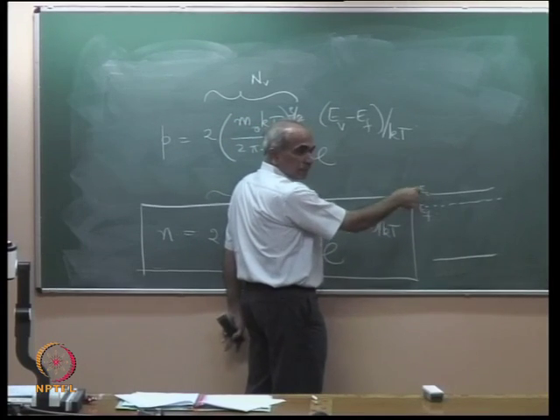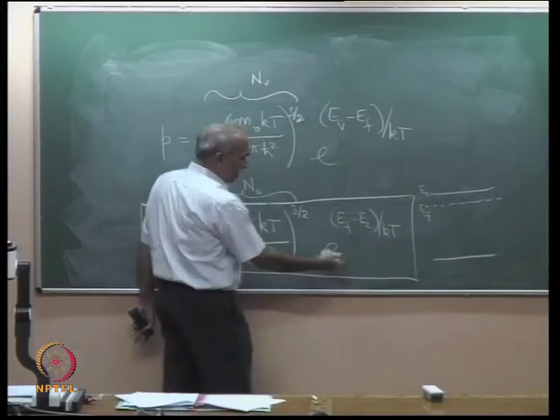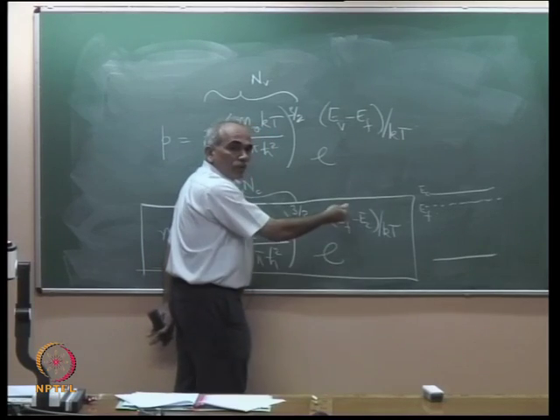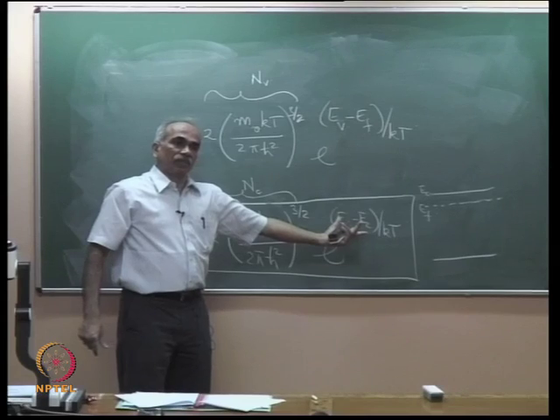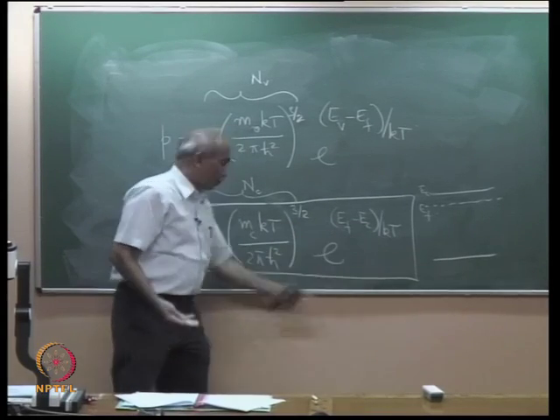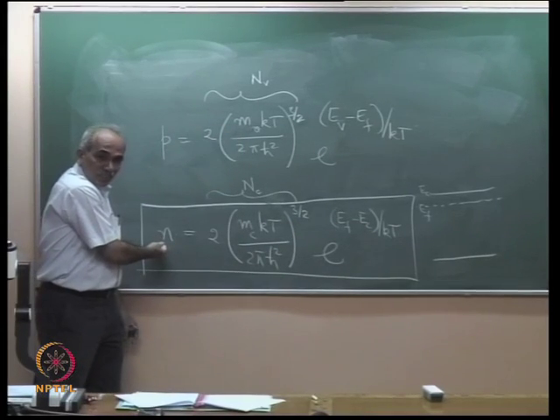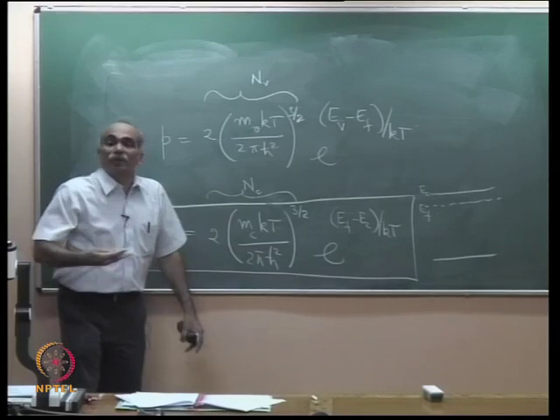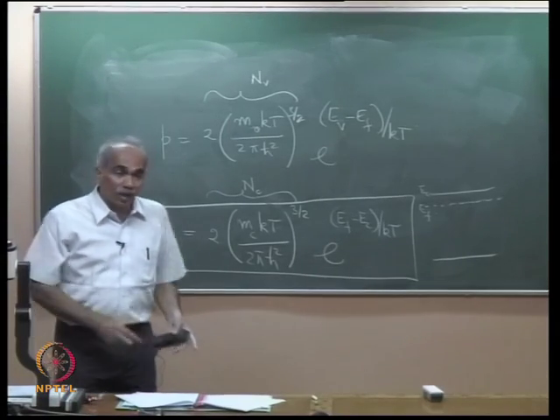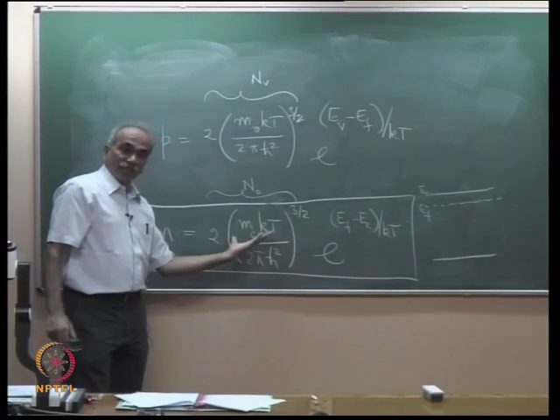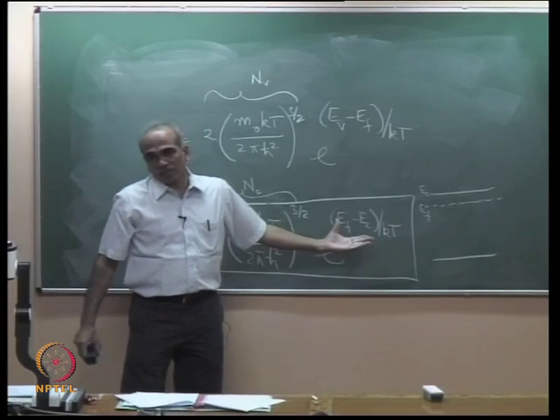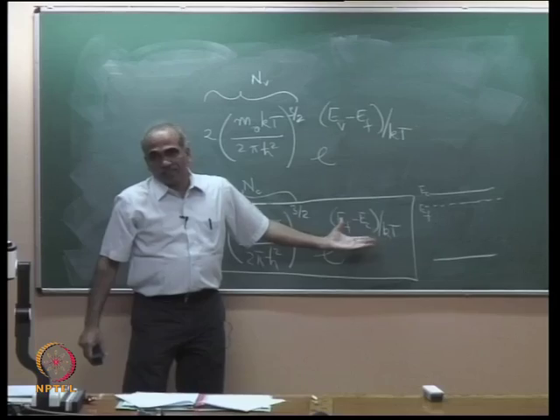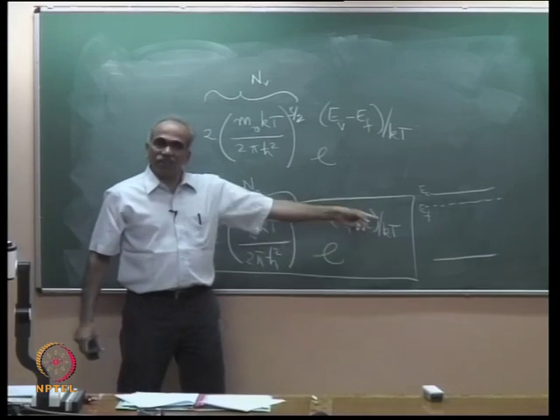EF is smaller, EC is larger, so this is negative. Therefore, this quantity will be e to the power negative, which means a factor less than 1. And the factor has to be less than 1 because the carrier concentration that I am talking about is of the order of 10 to the power of 10, 10 to the power of 12. And if this number is very large, 10 to the power of 19, naturally this number should be much smaller than 1. And therefore, it is correct that it is EF minus EC.